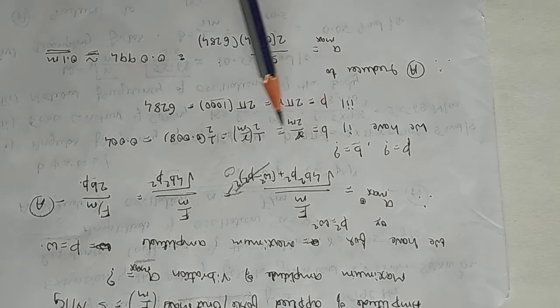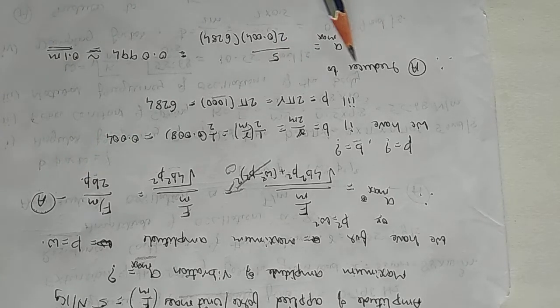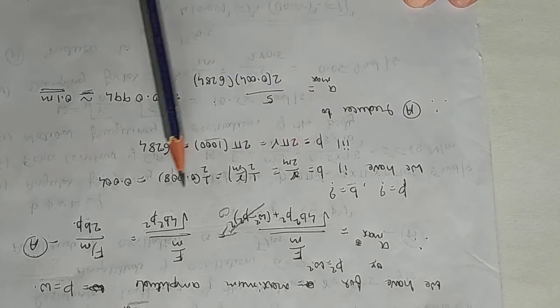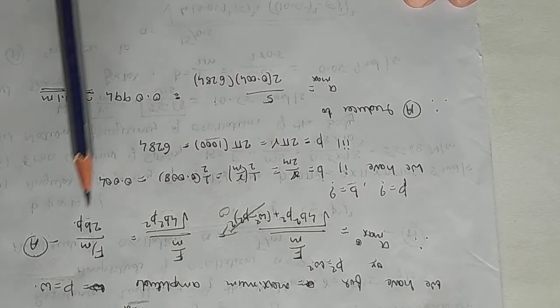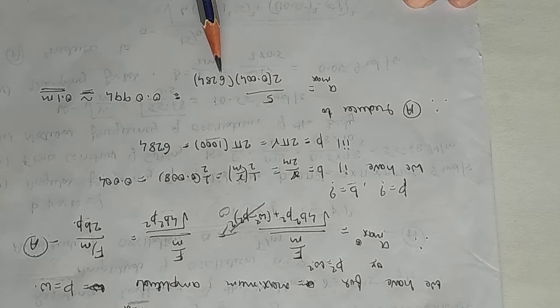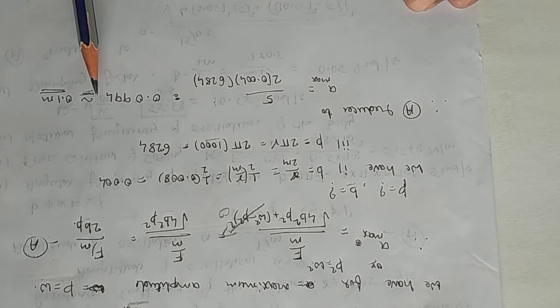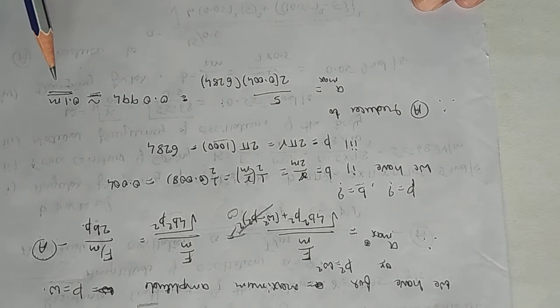Now this value of b and p we are going to substitute in equation A. So equation A reduces to A maximum equal to F by M, which is 5, divided by 2 into b value 0.004 and p value 6284. If you simplify it, it comes to be 0.0994 meter, or it may be taken as approximately 0.1 meter.